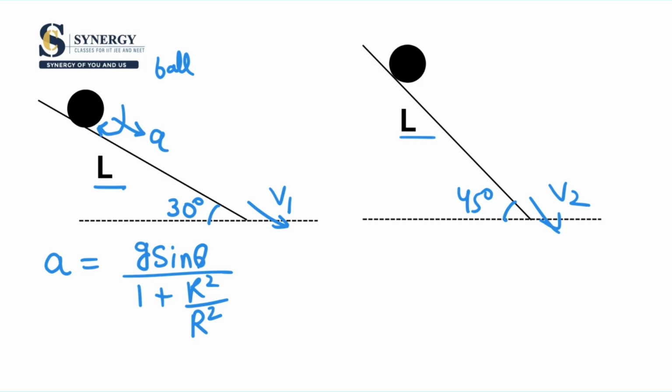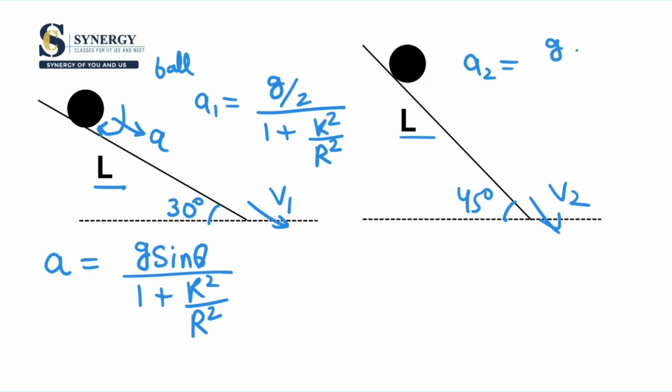In the first case, the acceleration a1 will be equal to g sin 30 degrees, which will be g by 2 divided by 1 plus k square by r square. In the second case a2 will be g sin 45 degrees, and sin 45 degrees is 1 by root 2, divided by 1 plus k square by r square.